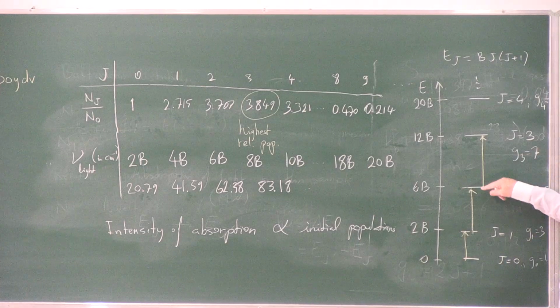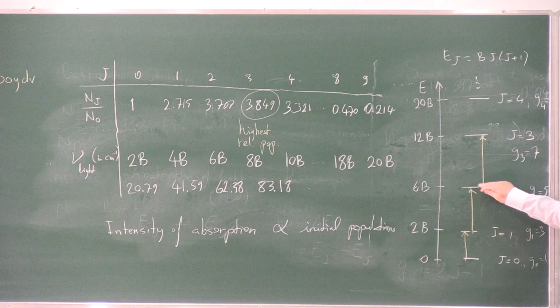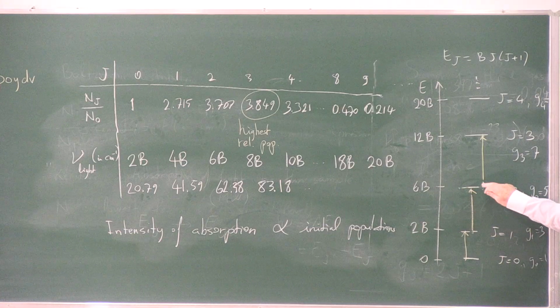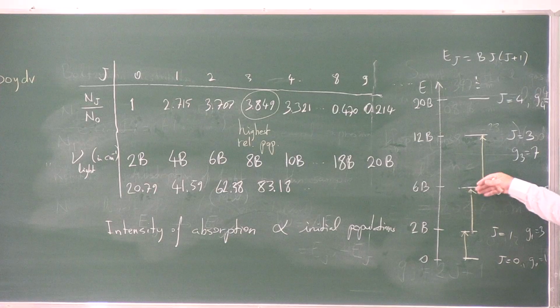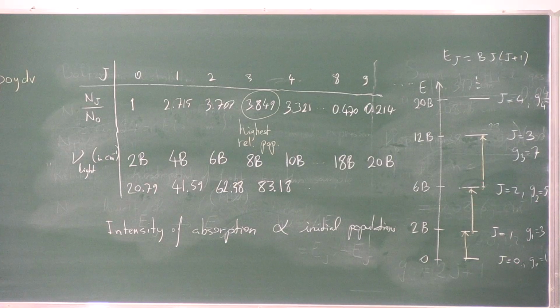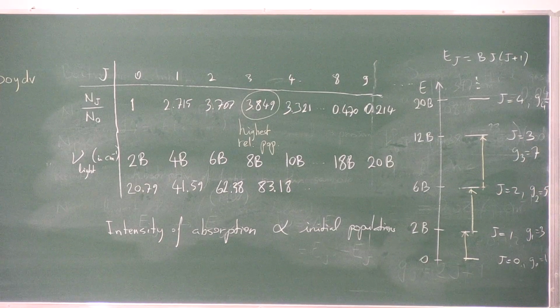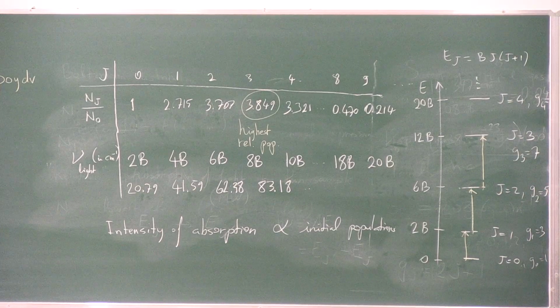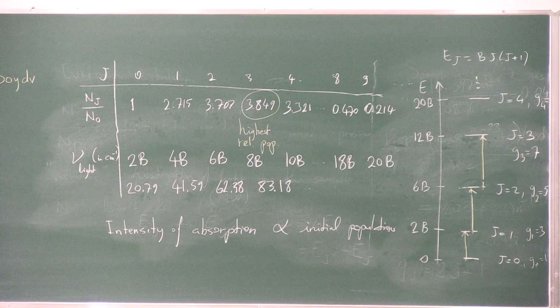Similarly, transition from J equals 2 to J equals 3 level depends on how many molecules there are in J equals 2 level. If there are no molecules in J equals 2 level, is it possible to have an absorption? No. There must be some molecules in the sample at that energy level to take part in the absorption process.